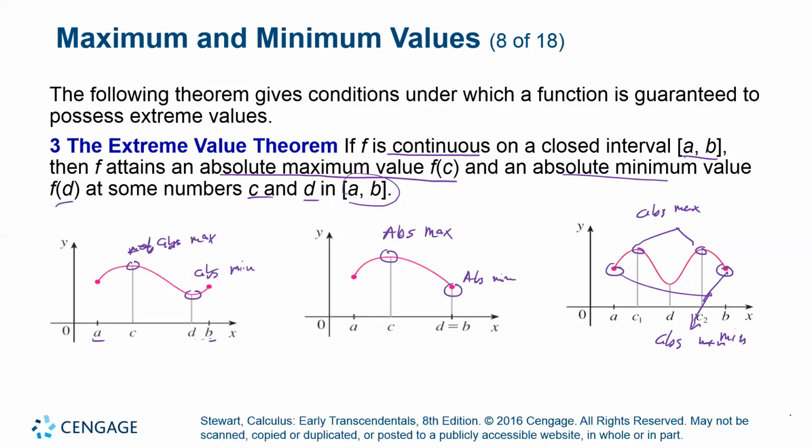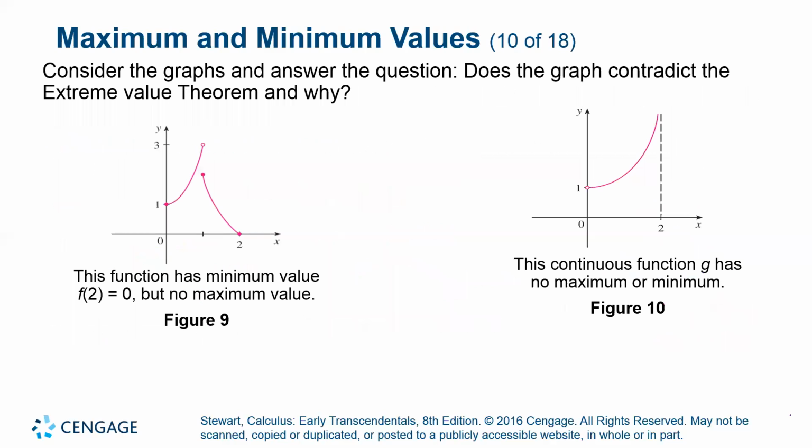Okay, now, what happens otherwise? Let's look at these 2 graphs. Consider the graphs and answer the question: does the graph contradict the extreme value theorem and why?